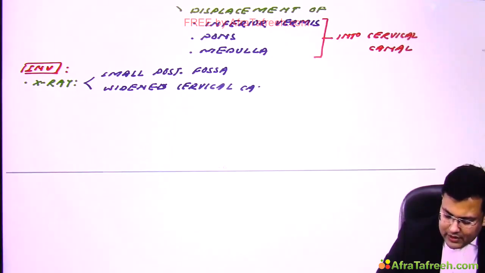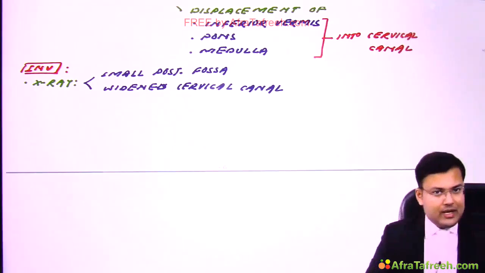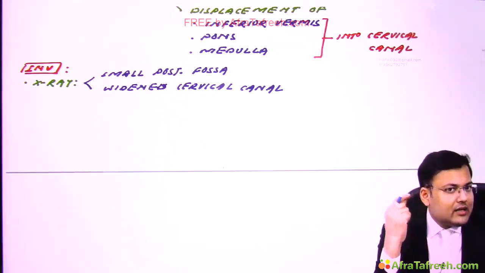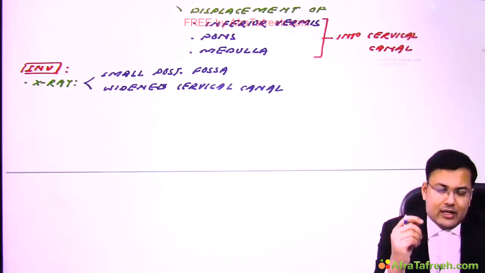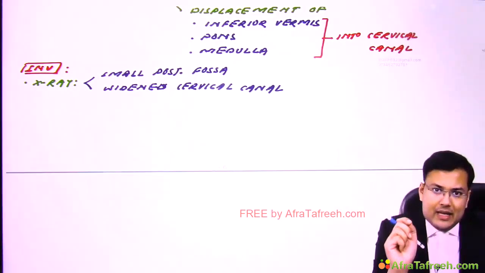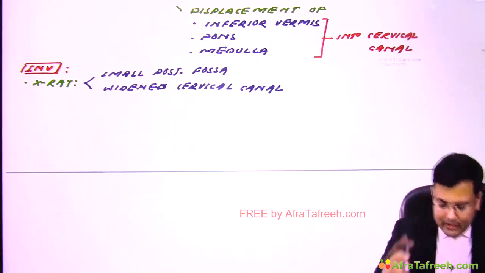And what are the findings seen on MRI? We discussed that in Chiari 1 malformation there is herniation of cerebellar tonsil into cervical canal, so that can be visualized. In type 2 there is hindbrain anomaly, so that can be seen on MRI.